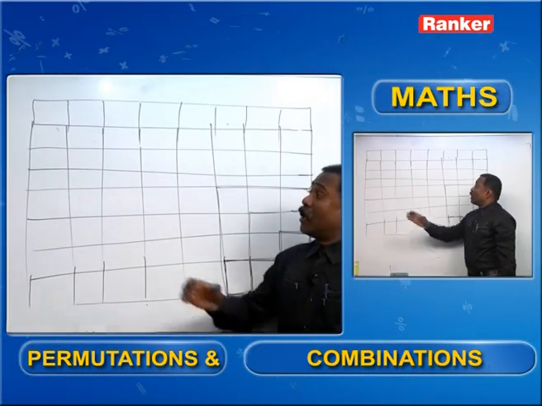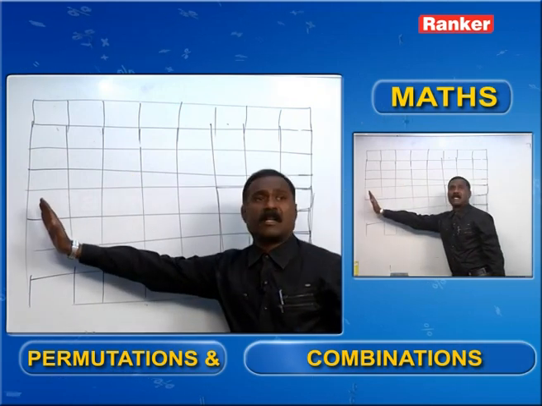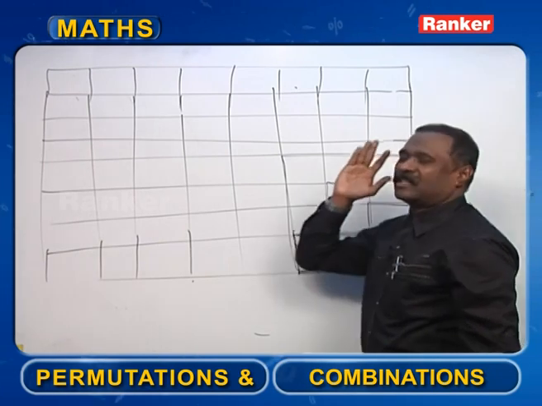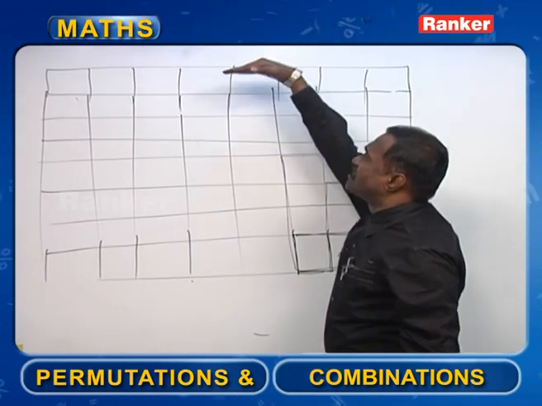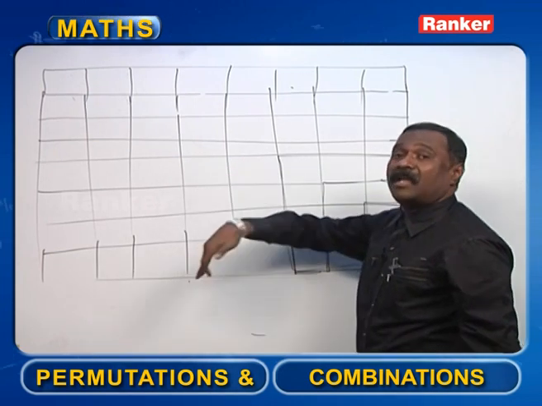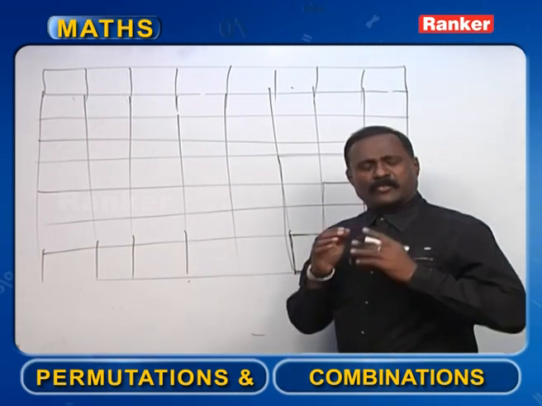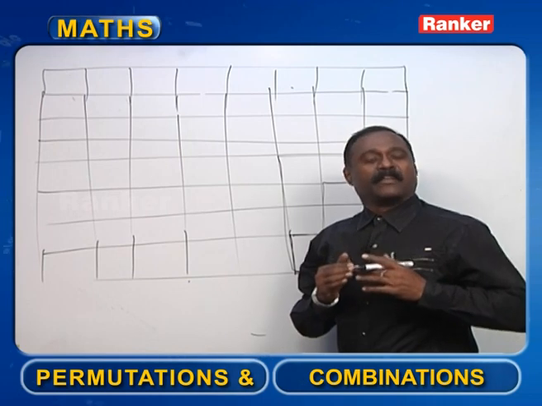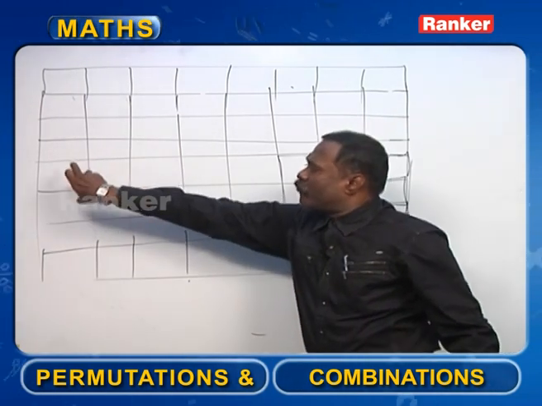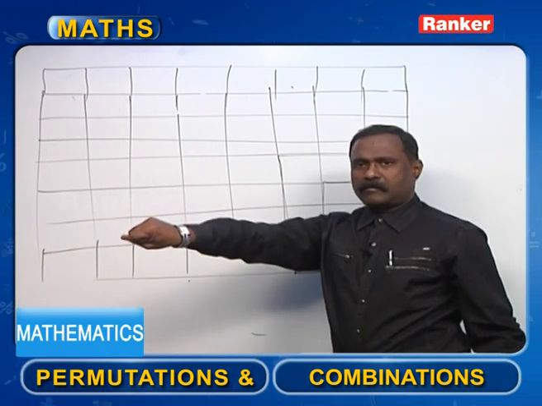So here, how many lines or vertical lines are there? 1, 2, 3, 4, 5, 6, 7, 8, 9 vertical lines are there. How many horizontal lines are there? 1, 2, 3, 4, 5, 6, 7, 8, 9 horizontal lines are there. So to find out the number of rectangles, whatever the rectangle you take, there will be one set of parallel lines.